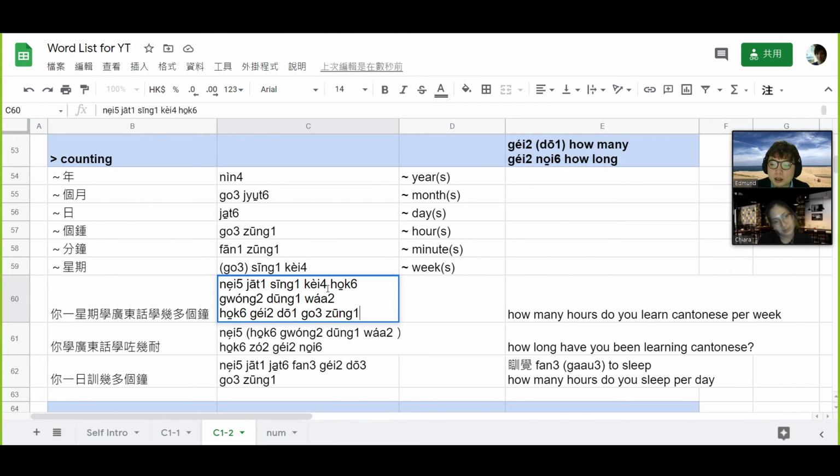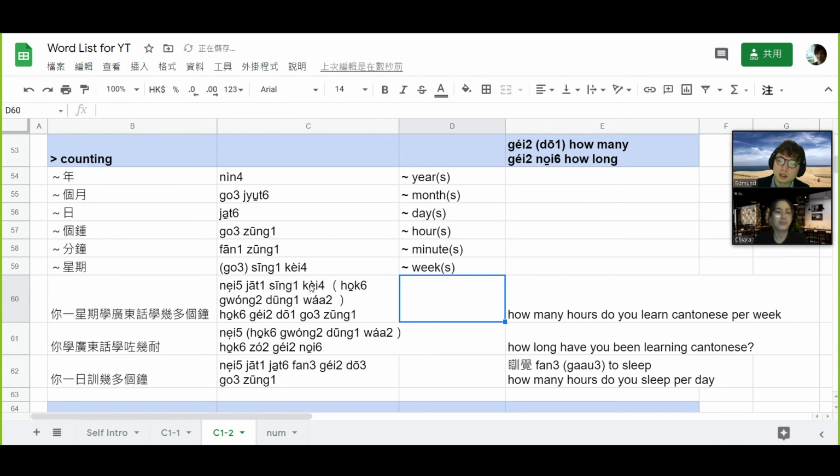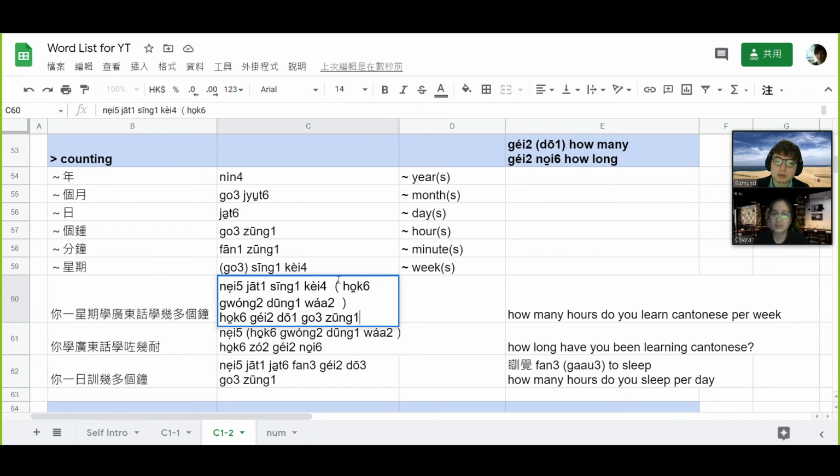Or like in this sentence it is the same. 你一星期學廣東話學幾多個鐘？If you don't say the object here, then you can remove the first 學廣東話. 你一星期學幾多個鐘？If it's understood. That's why when you answer this question, you might want to skip this part because it's understood, right?